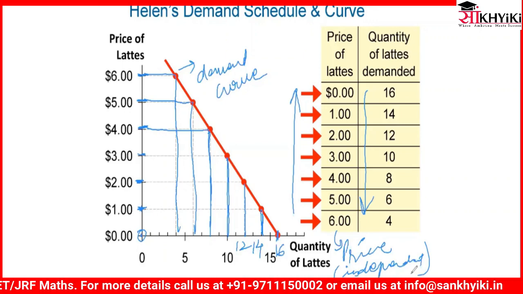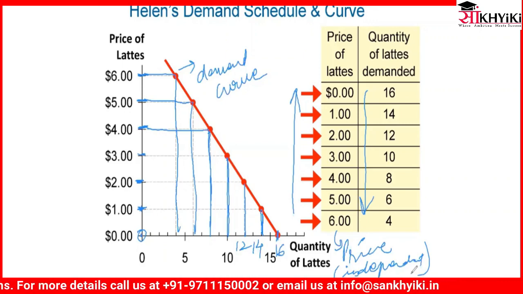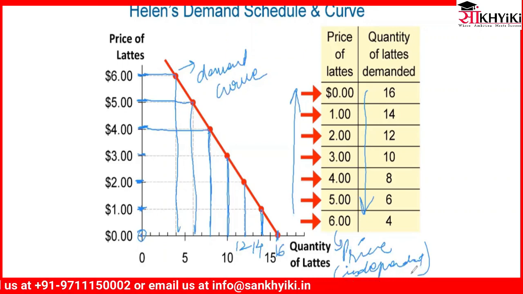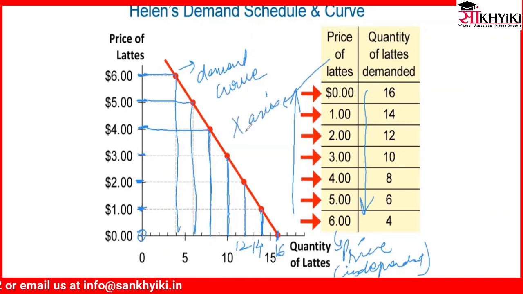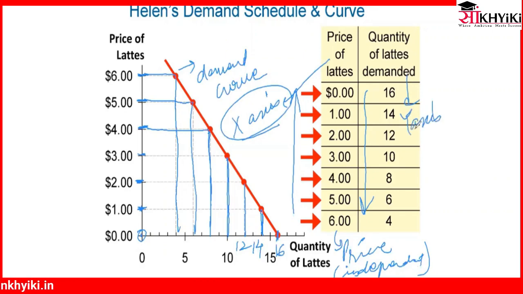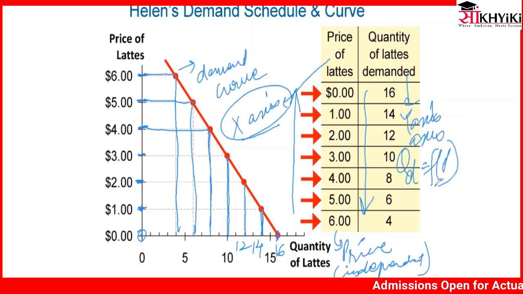If price is an independent variable, then price should have been on the x-axis and quantity demanded should have been on the y-axis, because quantity demanded is a function of price. But actually, this is not what is taking place.